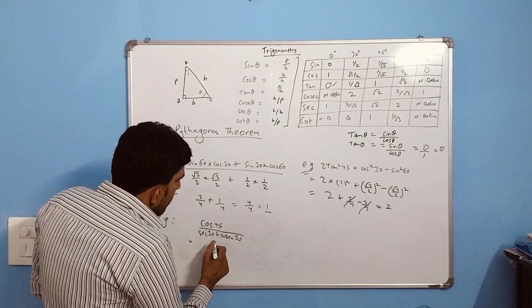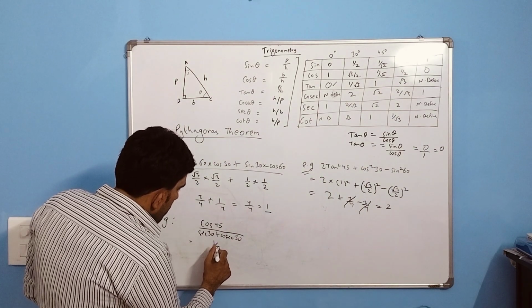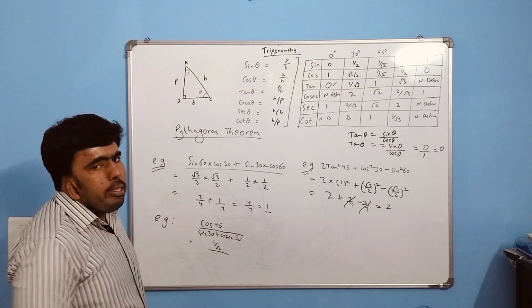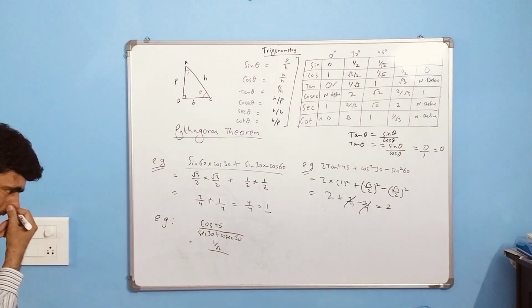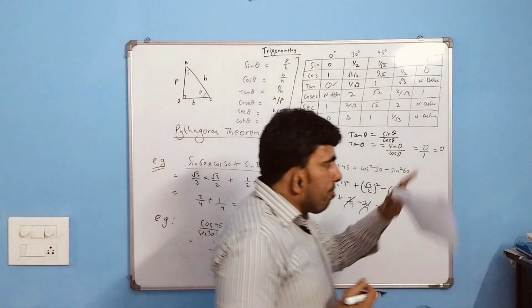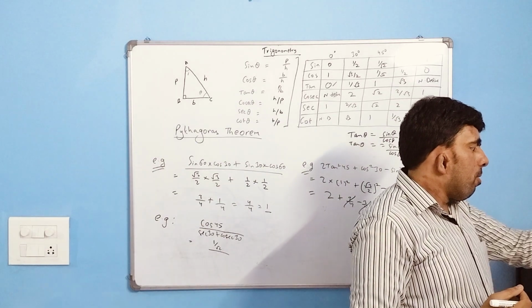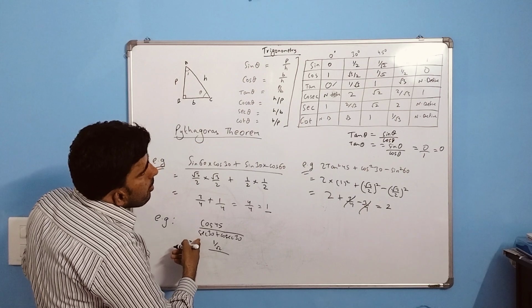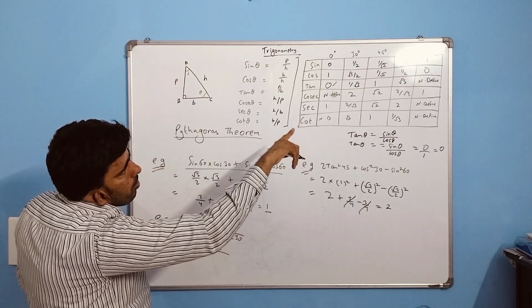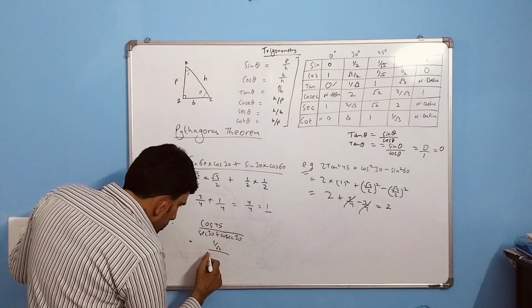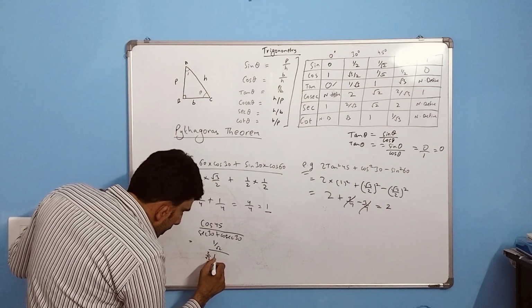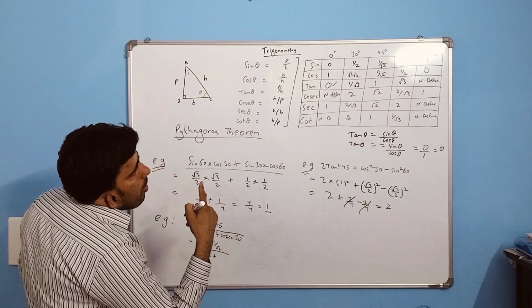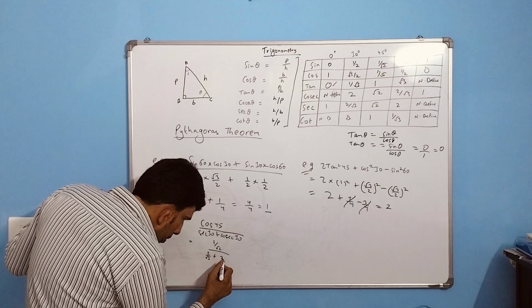Cos 45 is 1 upon root 2. Sec 30, you know, the value is 2 upon root 3, plus cosec 30. Cosec 30 will be 2.